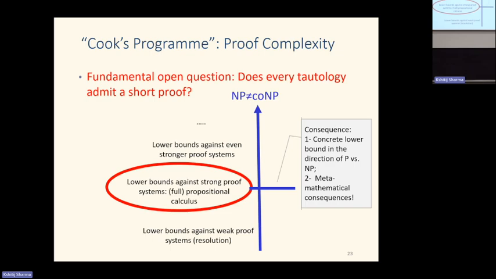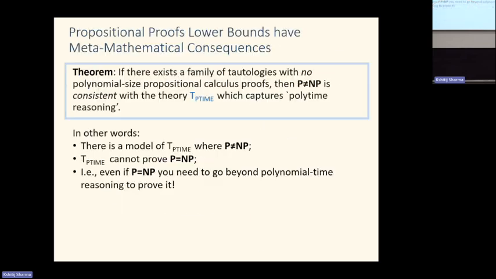But also, if we think about the first order setup, then it has very interesting mathematical consequences, and that is this slide. So if there exists a family of tautologies in the proof system I gave you that are hard, that do not have short proofs in propositional calculus, propositional logic, then P versus NP is at least consistent with the theory of polynomial time reasoning, the first order theory I started with, when C here is P time.